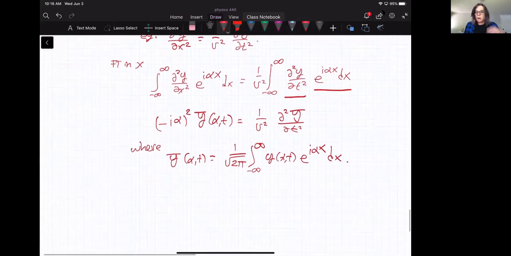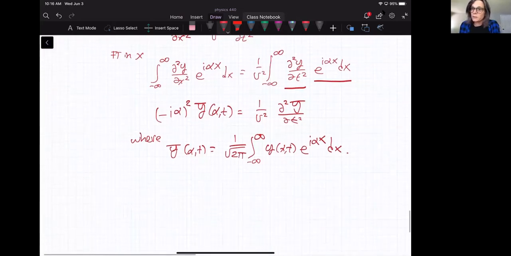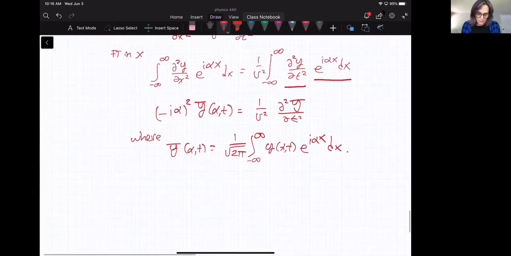Okay. In order to solve this problem, we need initial values, right? So in this case, we might have an initial wave function. So let's say y of x 0 is equal to f of x, right?